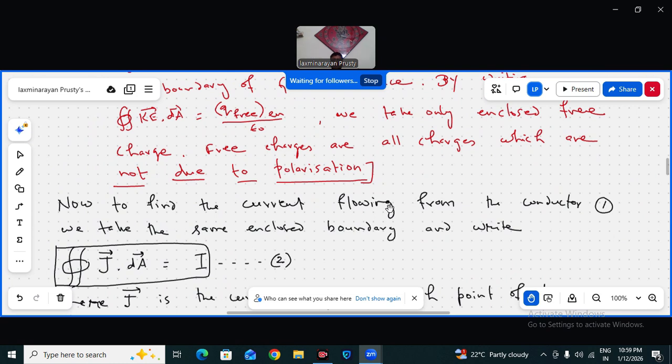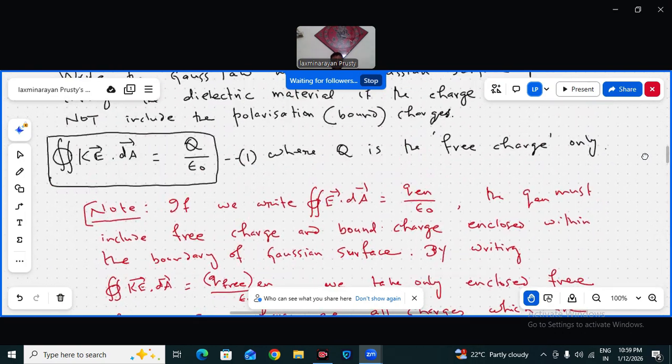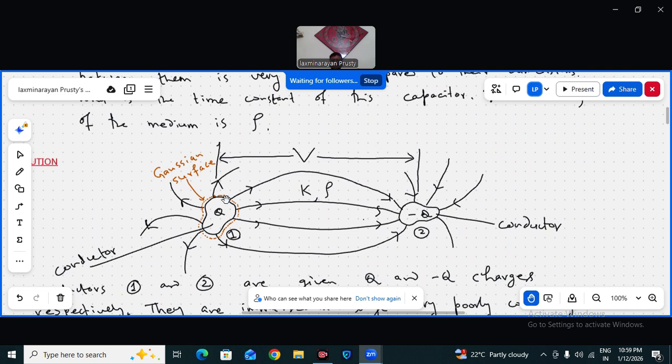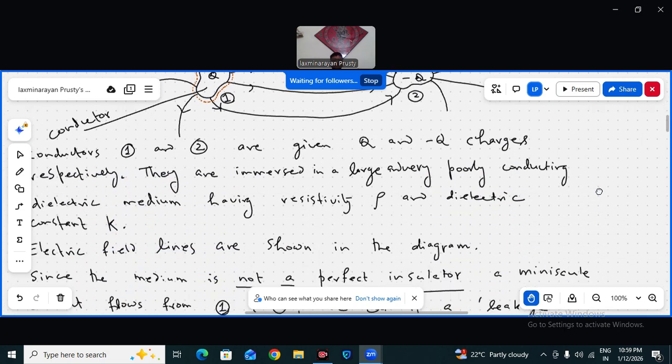So now to find the current flowing from conductor 1 to conductor 2, what should I do? Same Gaussian surface or that closed surface we consider. The current density J bar, so if I integrate J bar dot dA, I'll find the total current coming out through the closed surface.